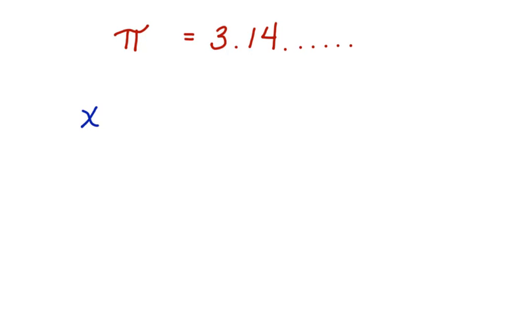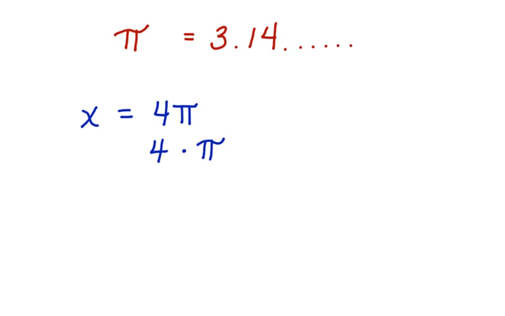So let's say that x is equal to 4 pi. Now, when I have a 4 next to the symbol for pi, it's the same thing as saying 4 times pi.